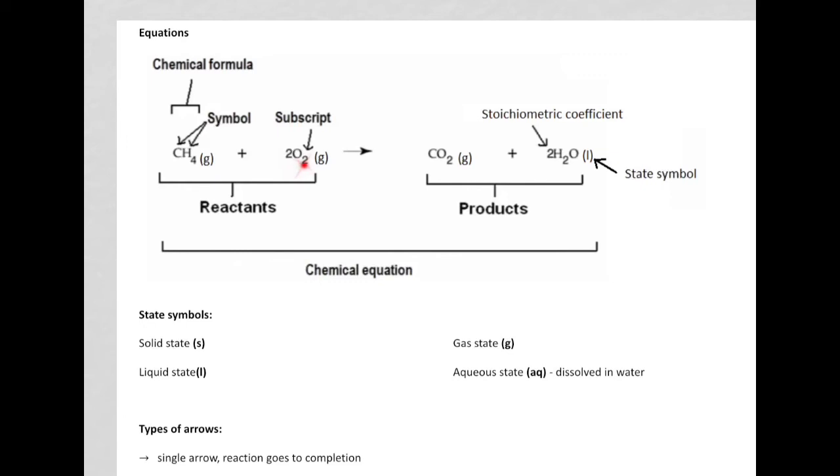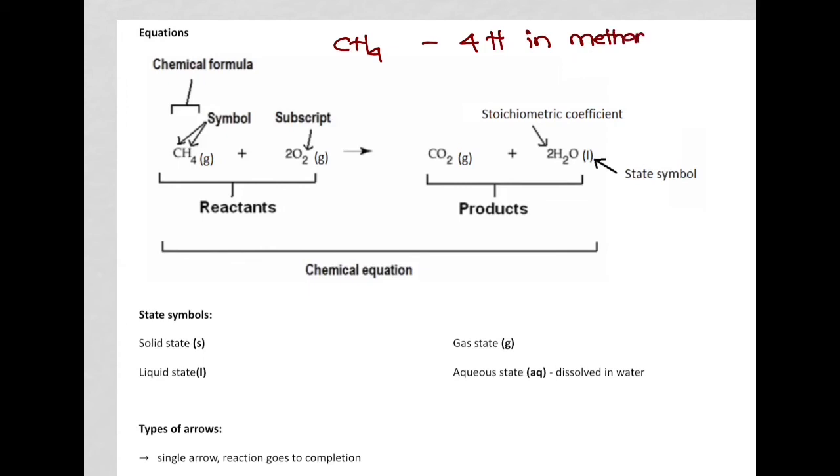And the number that you're going to see, the number 2, which is subscript here, number 4, which is subscript here. So this subscript is actually showing you how many atoms there are in that molecule. So for example, CH4, this actually means that there are 4 hydrogen in a molecule of methane.